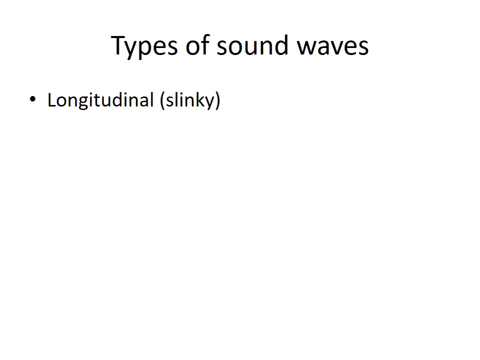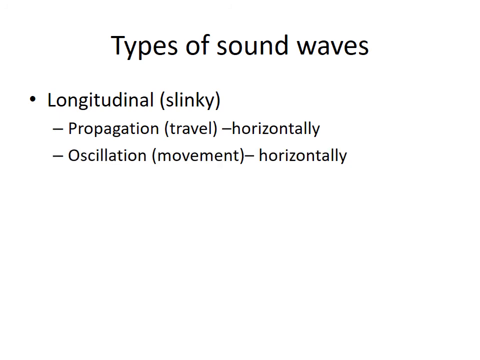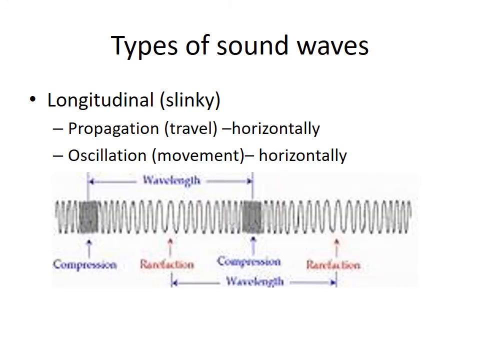All right, so the next type is called longitudinal. I want you to think of that as kind of like a slinky. In this case, the propagation is horizontal and the oscillation is also horizontal. It's not a great picture, but longitudinal waves don't really have crests and troughs.